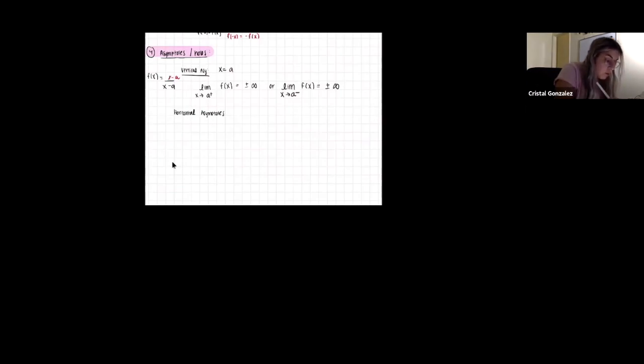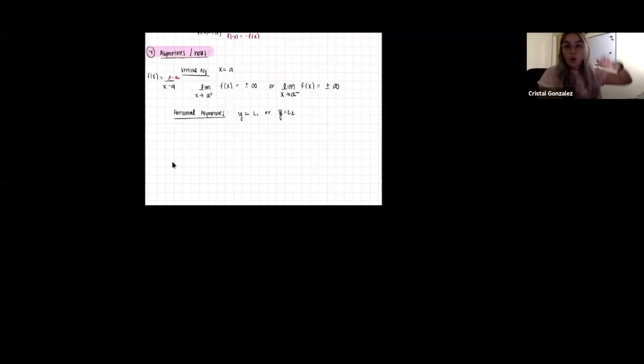Now for our horizontal asymptotes, you've learned from your algebra class that our horizontal asymptotes are the line y equals, and I'm going to call them y equals L1 or y equals L2. The reason I'm calling them this is because, notation wise, I'm going to show you how we find horizontal asymptotes.